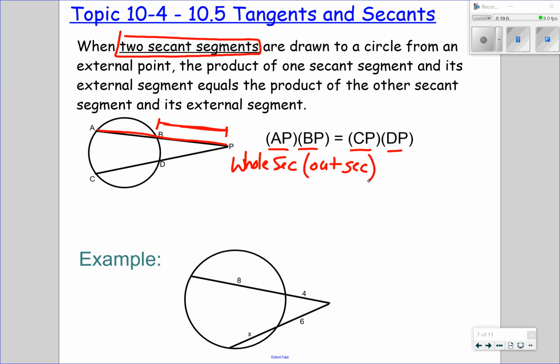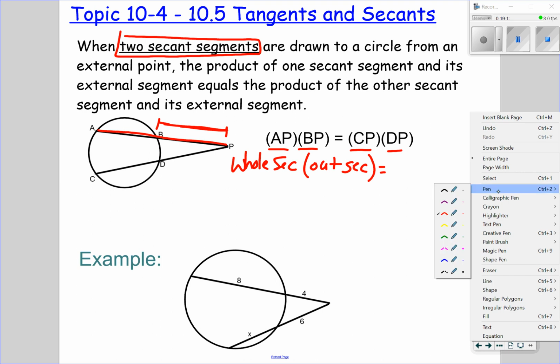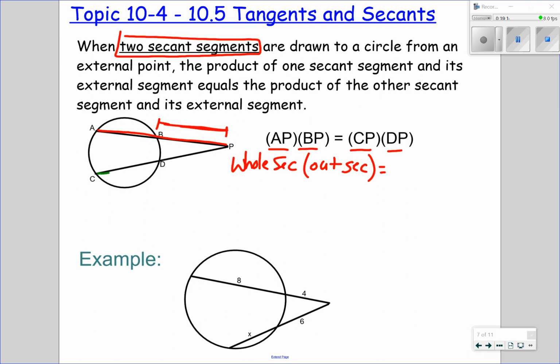So I'm going to write whole secant multiplied by outside secant equals, and that same relationship exists with the other one. So we can do whole secant multiplied by this outside piece. Now this formula or this process gives us the length of secant segments.